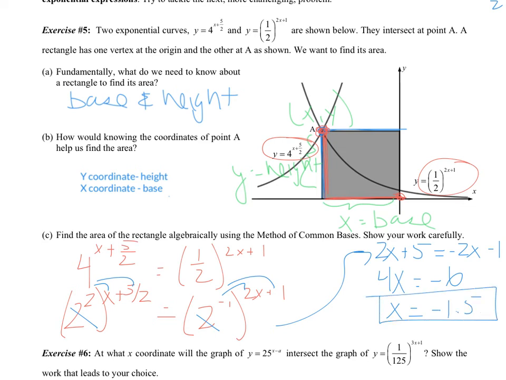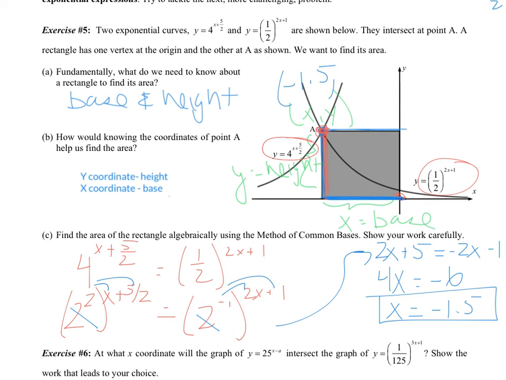Now, even though we're dealing with a negative number, I know that a distance is really going to be positive. So although the coordinate might start with negative 1.5 for x, I know that the distance is actually going to be 1.5. Now, in order to find y, I can plug the x into either one of these equations.